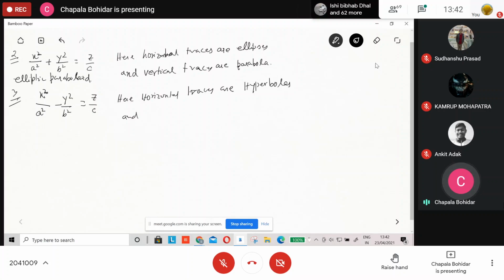Here this is a hyperbolic paraboloid. Horizontal traces are hyperbolas and the vertical traces are parabolas.